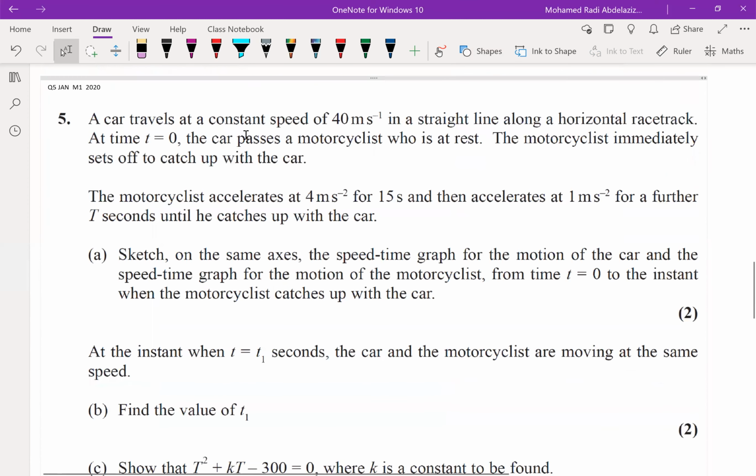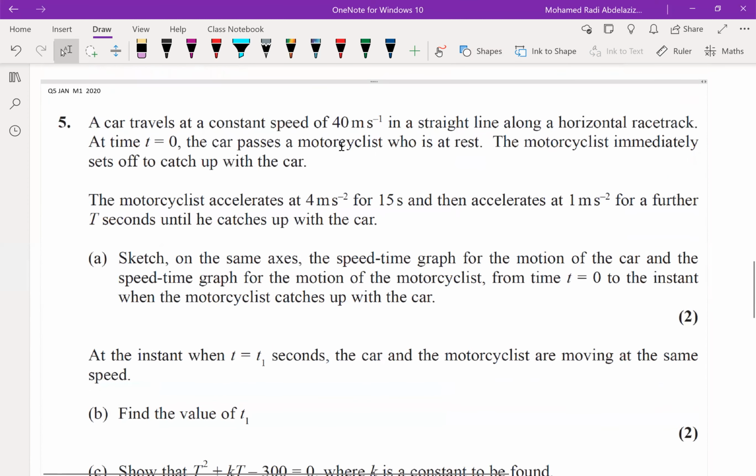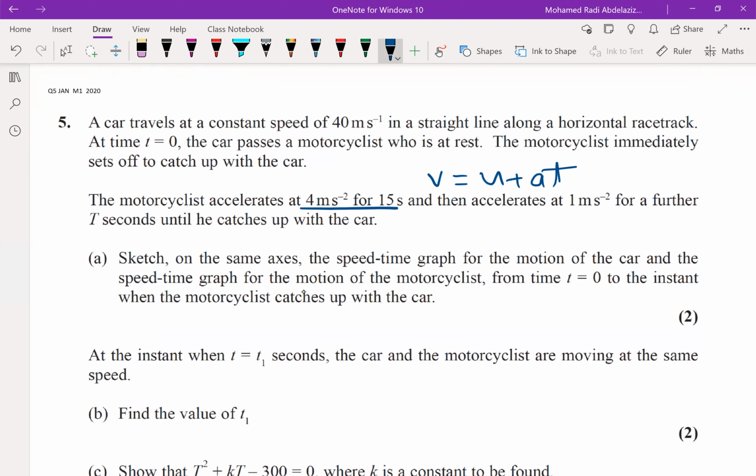The car moves with constant speed of 40, but the motorcyclist immediately, at the same time, accelerates at 4 meters per second squared. It's given the acceleration and the time, so you have to find the final velocity. The final velocity V equals U plus AT. U is 0, A is 4, T is 15, so the answer will be 60.